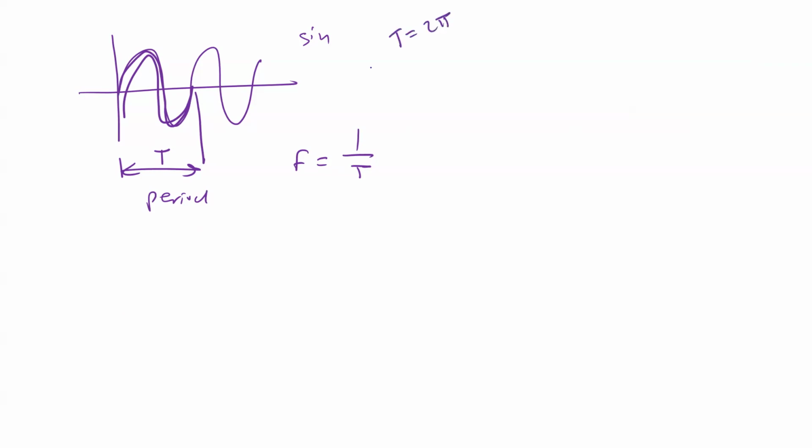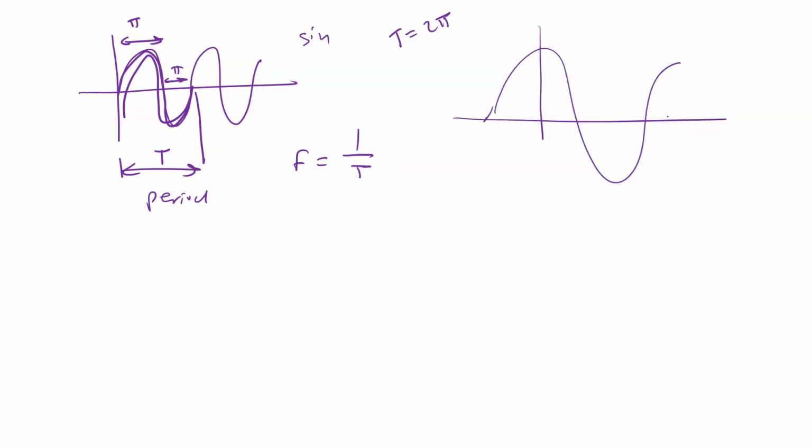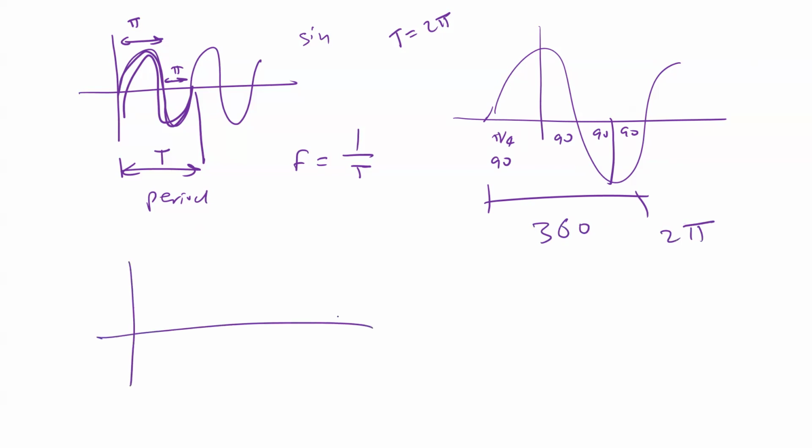So from here to here is pi, and then another pi here. This part here is pi over 2, which is 90, another 90, another 90, another 90. In total we have 360 or 2 pi.